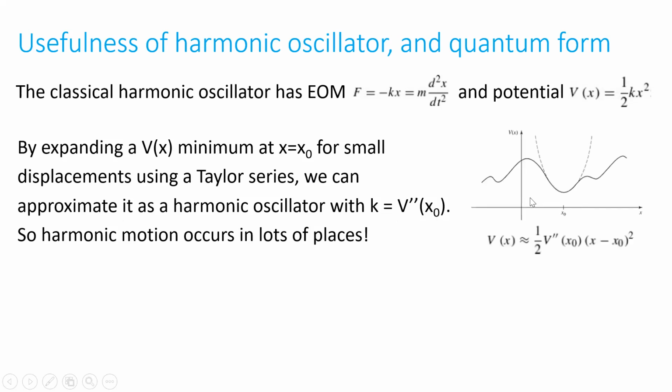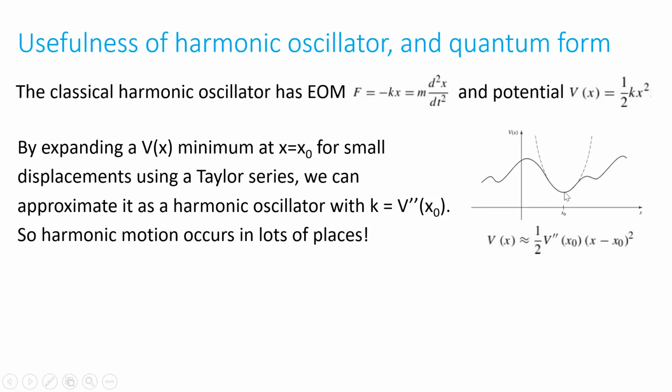That's illustrated here. We have a potential which is not a parabola, so not a pure harmonic oscillator potential, but it oscillates back and forth. Near this minimum at x equals x naught, it's pretty close to a parabolic potential, and so we can approximate it by a Taylor series there.